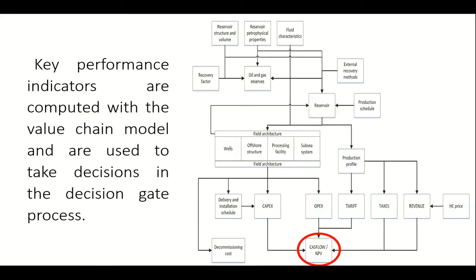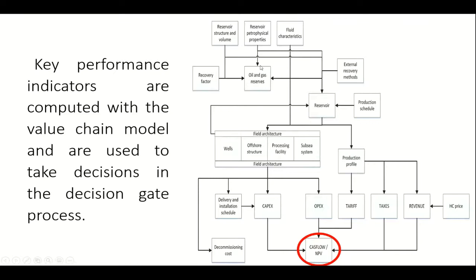This is a more detailed value chain model. Here you see we have expanded the subsurface a bit. We have reservoir structure and volume. We have the petrophysical properties, like porosity, permeability. We have the fluid characteristics, the API, the gas-oil ratio of the oil.